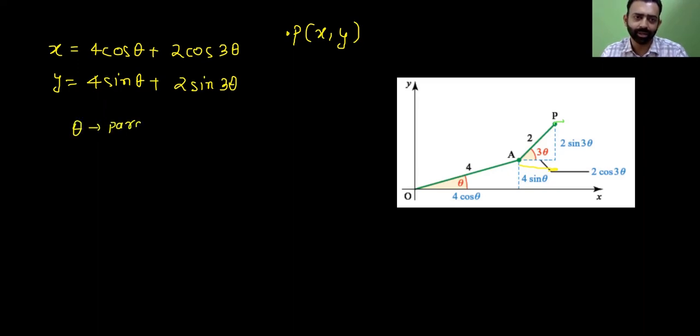Using this parameter you have changed the x and y coordinates into a single parameter, θ. Of course, the combination of this θ with some trigonometric ratios will be different, but the variable has been reduced from 2 to 1. That's why it is called a parametric equation.